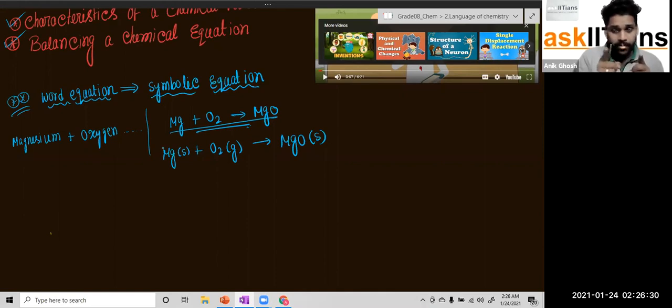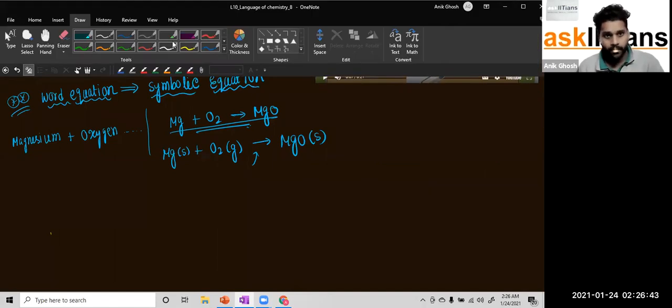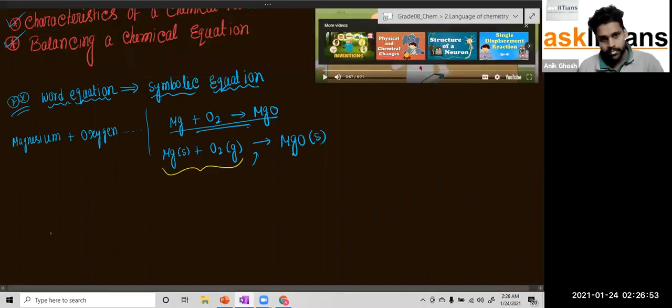What else? An equation is showing you the arrowhead. I think you remember the effectiveness of this arrowhead. It is showing that these two are the reactants, and this is the product.